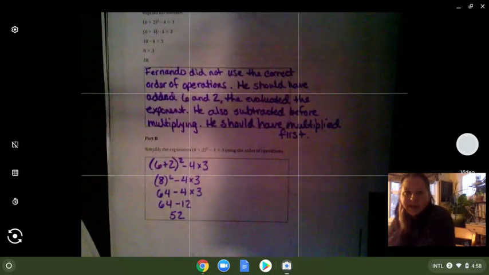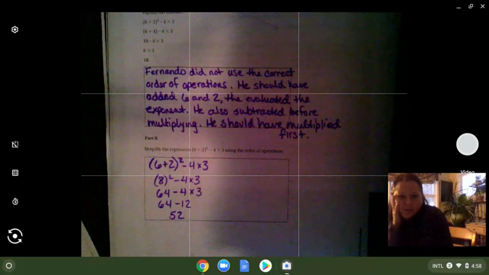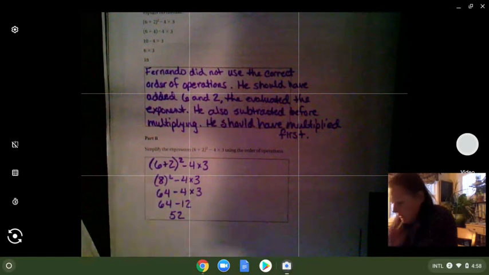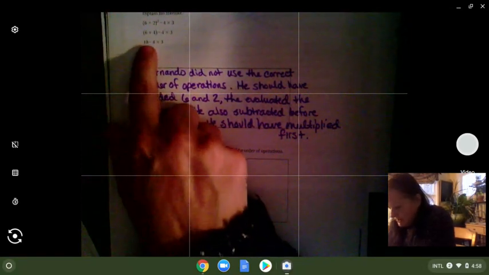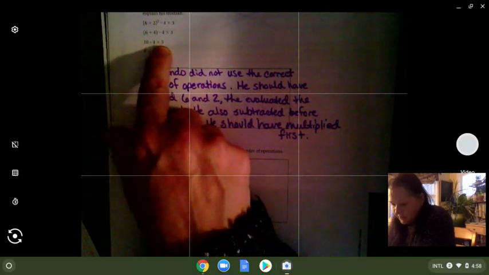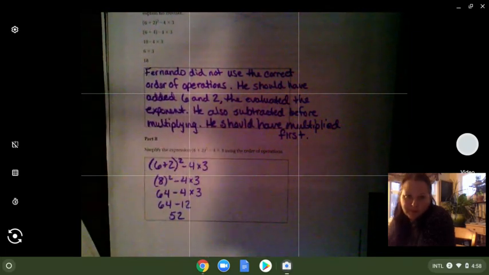So I say Fernando did not use the correct order of operations. He should have added 6 plus 2, then evaluated the exponent. He also subtracted before multiplying. He should have multiplied first. Here again, he did 10 minus 4 is 6. Before, he should have done the 4 times 3 because multiplying comes before subtracting.